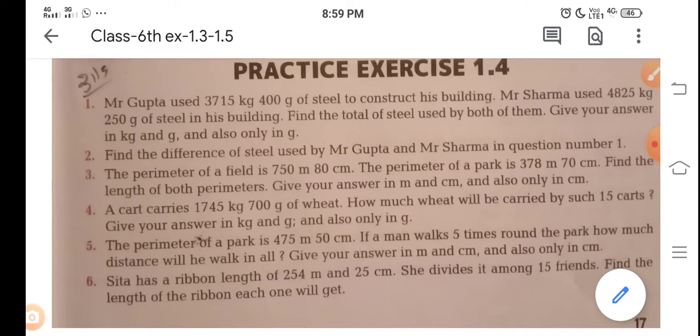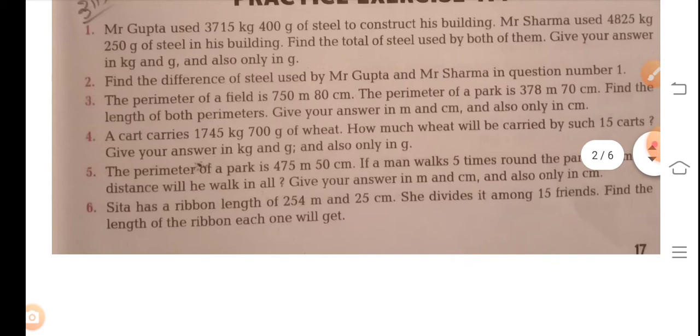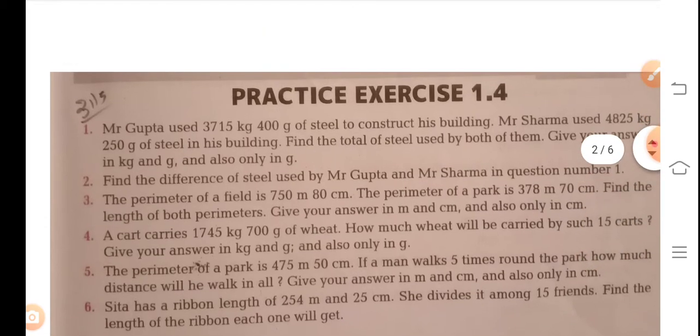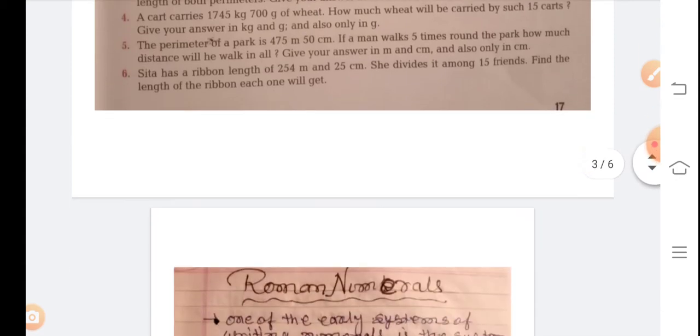So you subtract the numbers. It means the larger one, 4825 kg 250 grams, minus 3715 kg 400 grams. After that you get your answer. Okay, so that is the practical based question. You also solve it, and if you have any problem, say so and I will solve your problem.